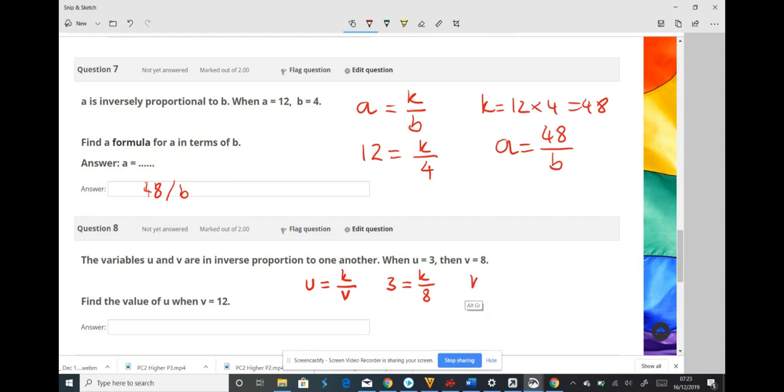So k is equal to 3 times 8, which is 24. Find the value of u when v is equal to 12. So u is equal to 24 over 12, which is equal to 2.